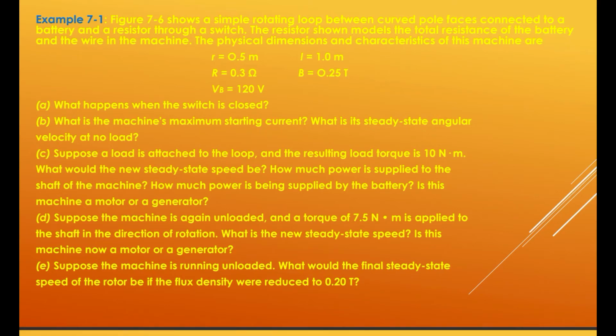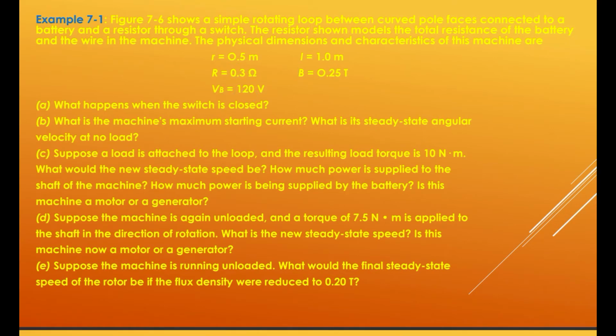The physical dimensions and characteristics of this machine are: radius 0.5 meter, resistance 0.3, battery 120 volts, length 1 meter, and magnetic field B 0.25 Tesla. This is the information given.